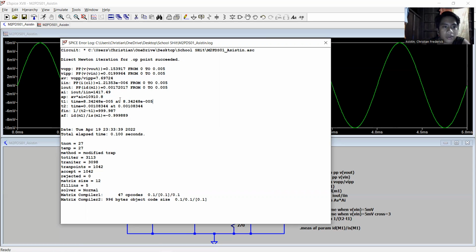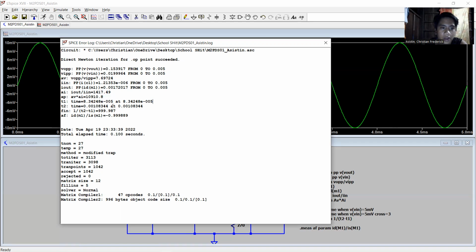We also look for the T1 and T2. T1 is 8.34248E-005. And for the T2, we have 0.00108344. The last two are the fin and the AF. The fin means 1 over T2 minus T1, which equals 999.987.